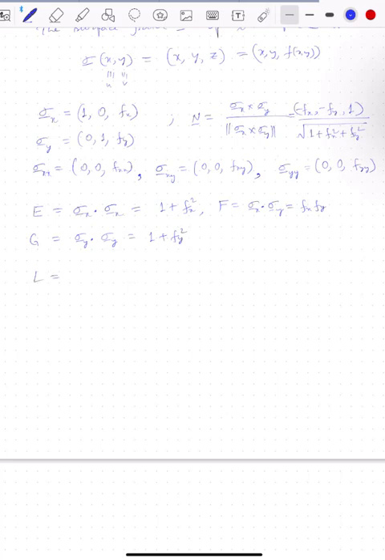Now let's look at L, M, N. So for the second fundamental form, the first coefficient L is equal to sigma xx dot n vector. So only the third term will count here. So it is fxx divided by root over 1 plus fx squared plus fy squared. Likewise, M is equal to sigma xy dot n vector. And so sigma xy is again just the third component. So it multiplies to give fxy divided by root over 1 plus fx squared plus fy squared.